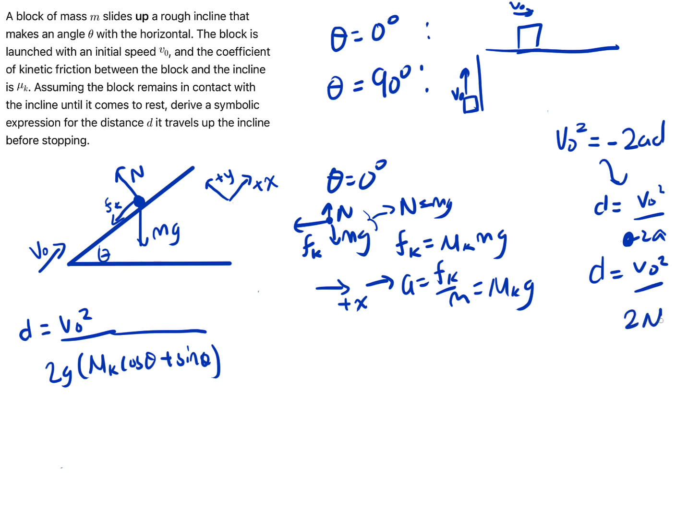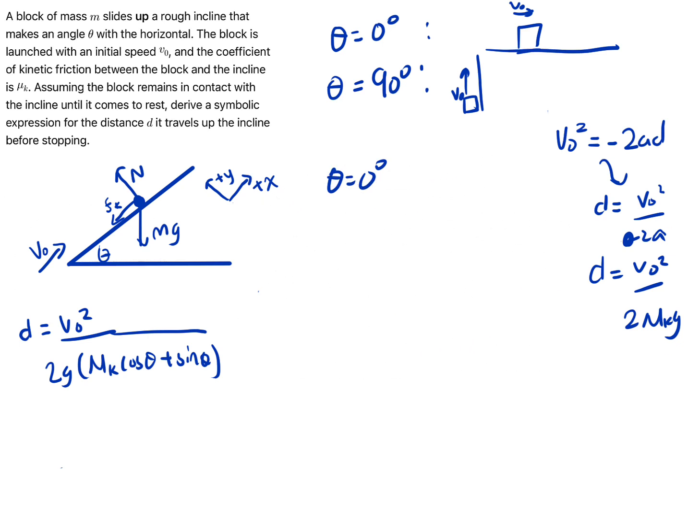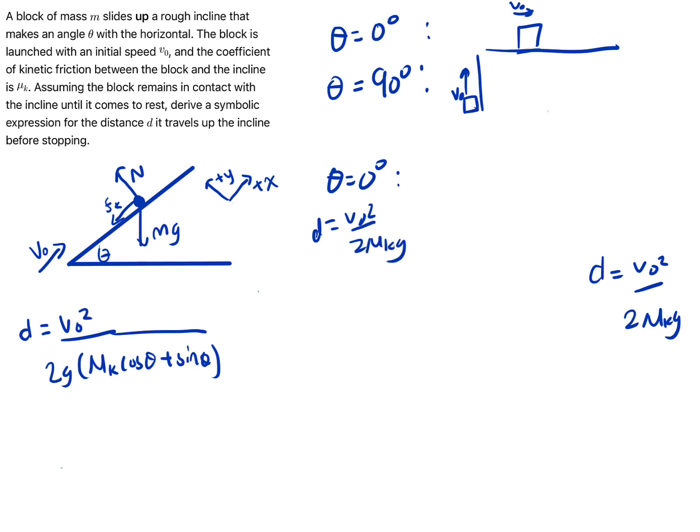And so this is our result for when theta equals 0. You can already see it's much simpler to derive. This is something you may have seen in a standard physics course, where you might have derived this result before. So I'm going to write this down. That's one case where we know what should be going on.